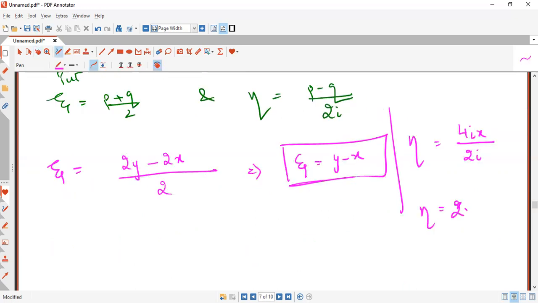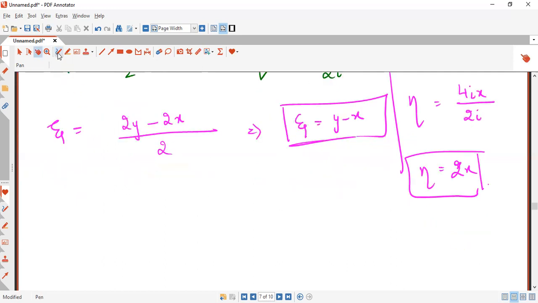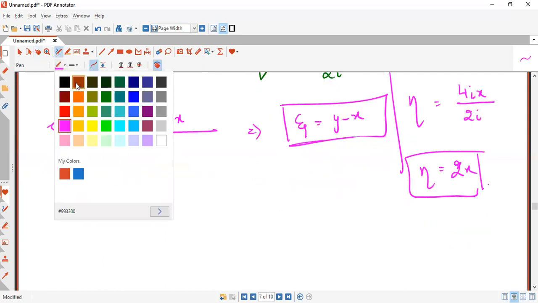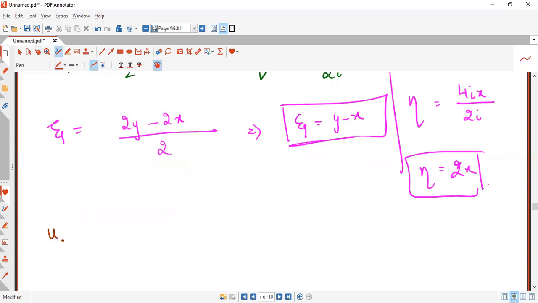The rest you know how to solve. We have been solving it till now already. Ux will be what? U xi into xi x, which is minus 1, plus u eta into eta x, which is 2.